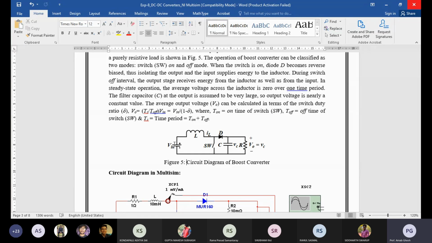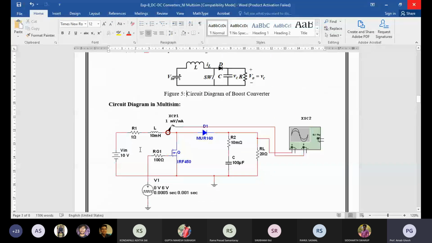So in case of the boost converter, I think all of you have the idea. For the buck converter, the filter inductor is nearer to your load side, 13 millihenry and 47 microfarad. Input voltage is given, then pulses are there, so you will get that value in the buck converter.